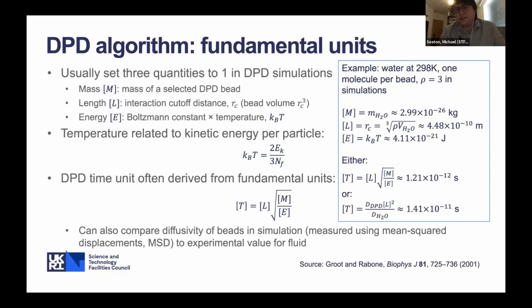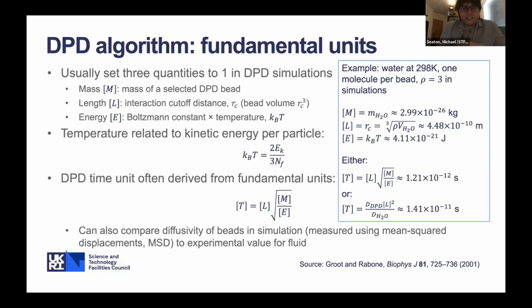And you can see that we have the mass unit equal to the mass of a water molecule. The length unit can be related to the volume of a water bead multiplied by the bead density that we wish to use, and that's of the order of about 4.5 angstroms. And then we also have an energy unit there as well.